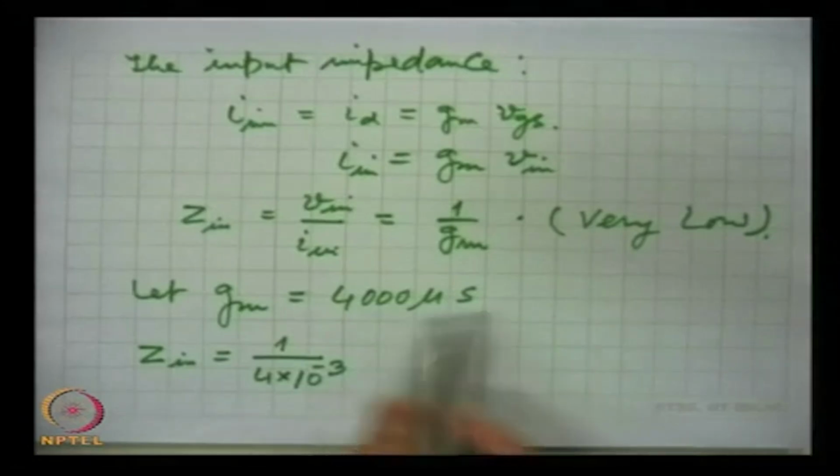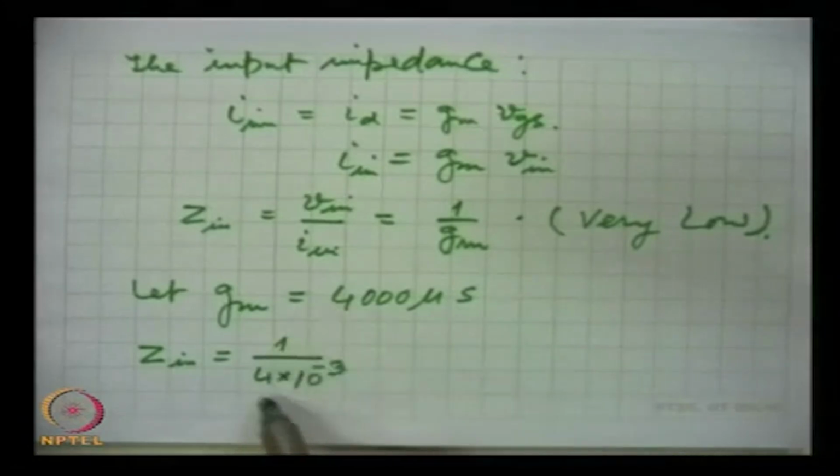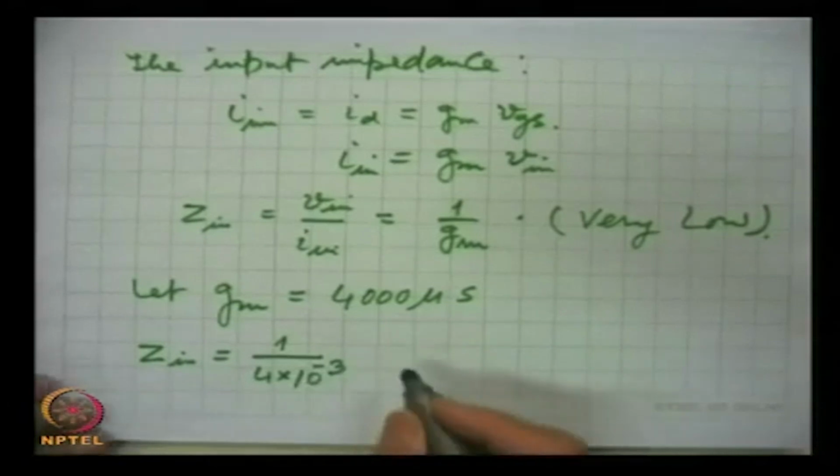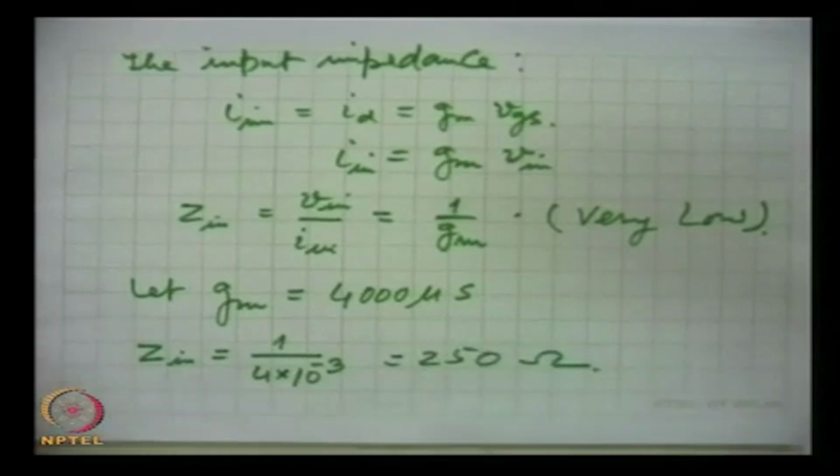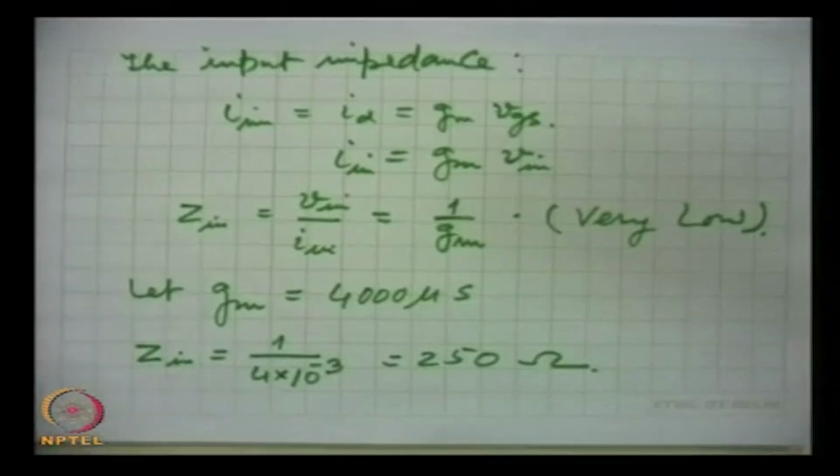So, 4000 micro Siemens is 4 into 10 to power minus 3 Siemens, and 1 by that is equal to 250 ohms, very low impedance. The output impedance is high, the input impedance is low, and so this amplifier has limited applications. This is equivalent to the common base amplifier in the BJT.